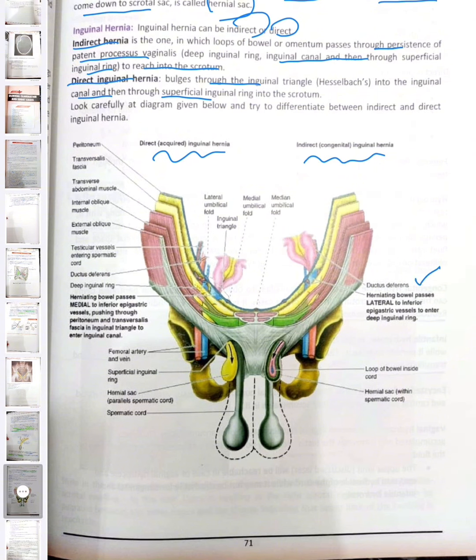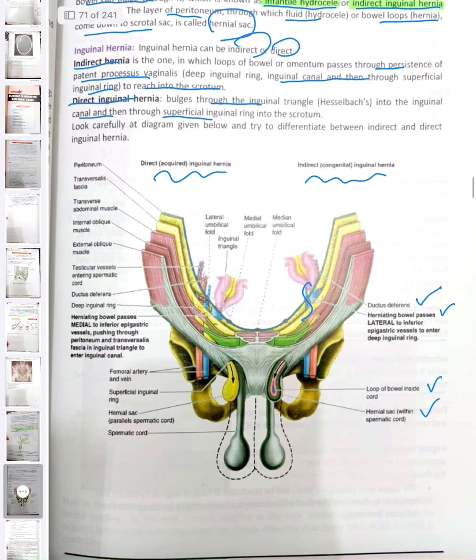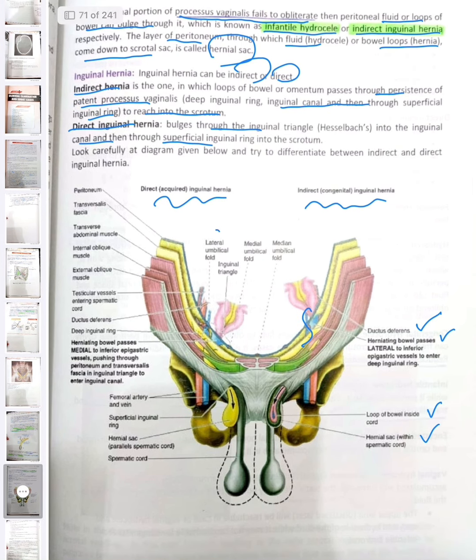This is ductus deferens. Herniating bowel passes lateral to inferior epigastric vessels to enter the deep inguinal ring. Loop of bowel inside the cord and hernial sac within the spermatic cord. These are the other structures: lateral umbilical fold, inguinal triangle, medial umbilical fold, and median umbilical fold. This is the peritoneum, transversalis fascia, transversus abdominis muscle.